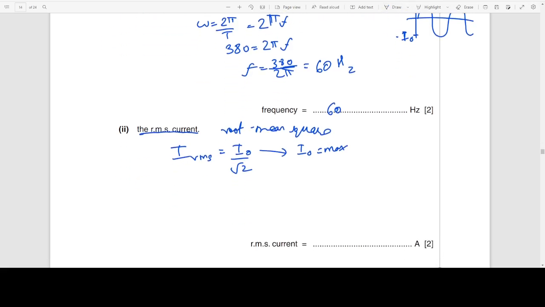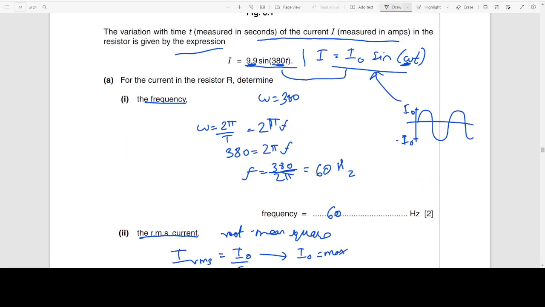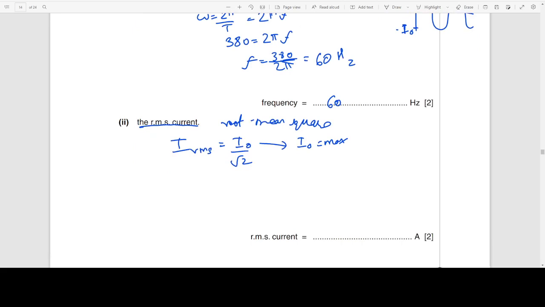So we'll use 9.9 as I naught. I naught is 9.9 amperes. So 9.9 upon root 2, which is equal to 7 amperes.